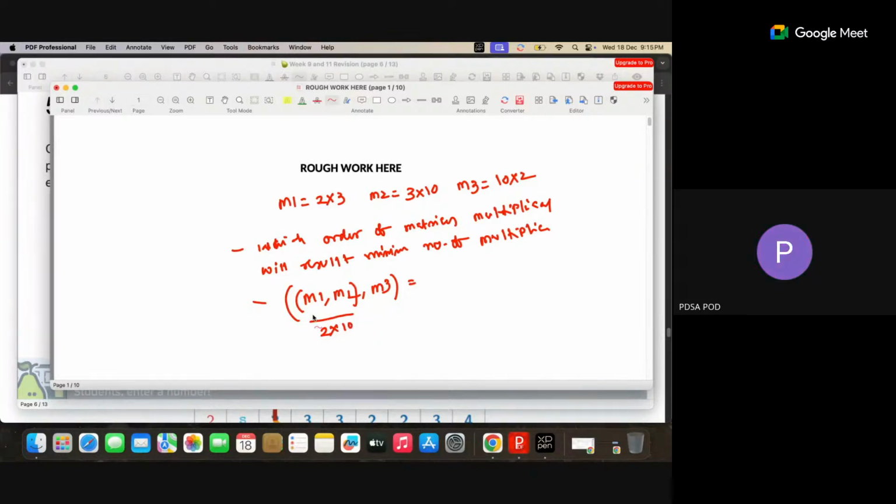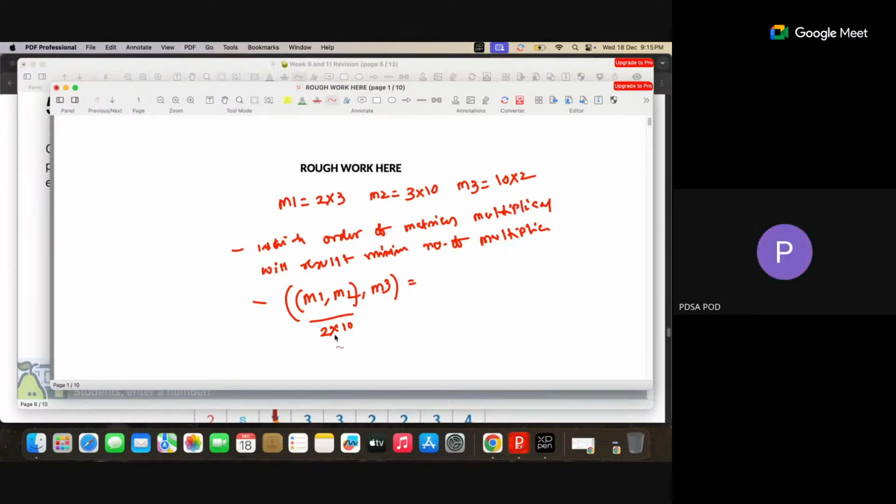I did M1, M2 only. After that, when M3 is added, it gives a matrix of 2 rows and 10 columns.